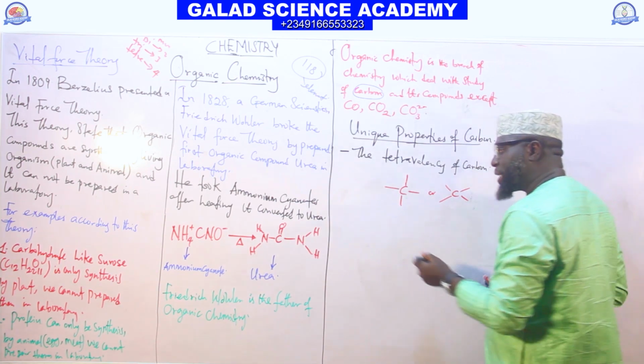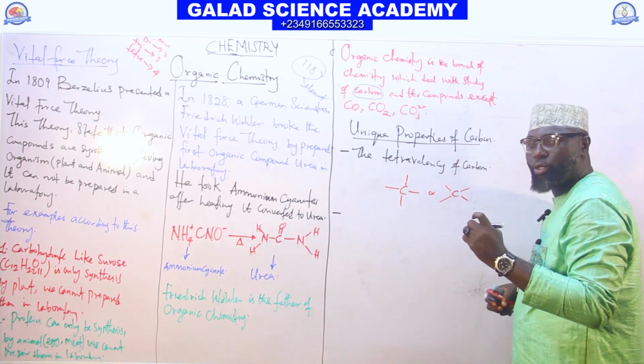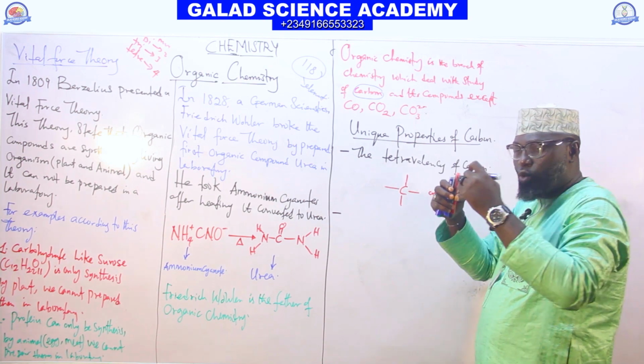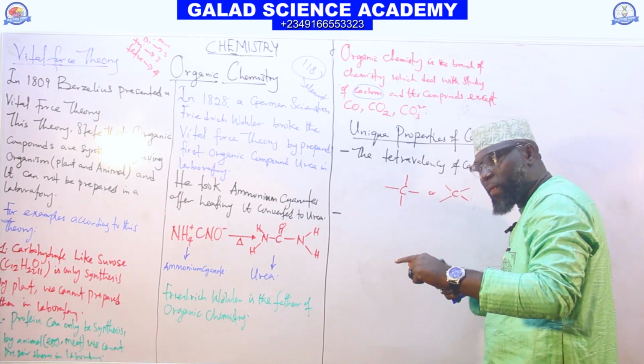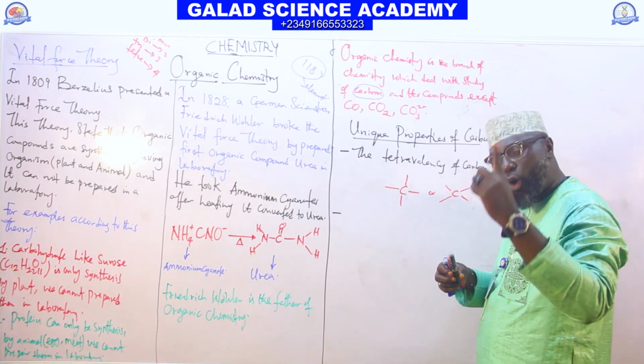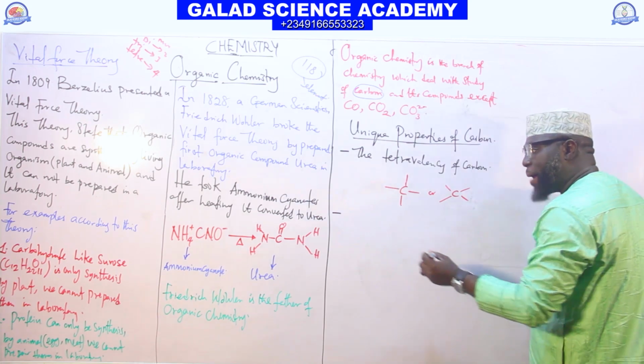The second property is the ability of carbon to unite with another carbon by a single, double, or triple bond.